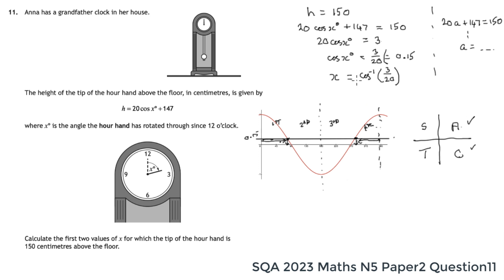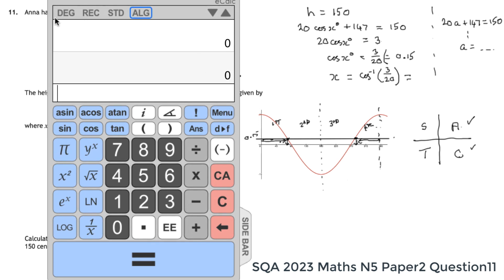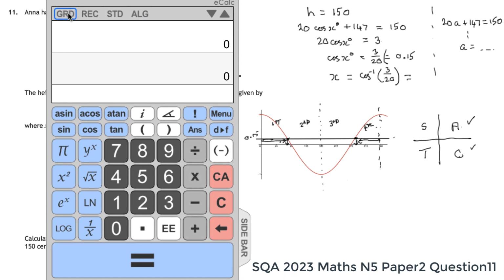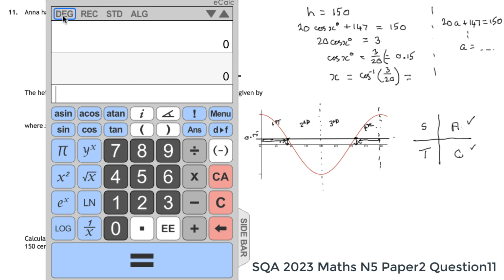Now your calculator, when you do this cos to the minus 1, 3 over 20, will give you the first quadrant angle. Let's have a look at that. Now make sure your calculator's in degree mode, not grads, not rads, but in degrees. There should be a deg floating around or you'll get the wrong answers.